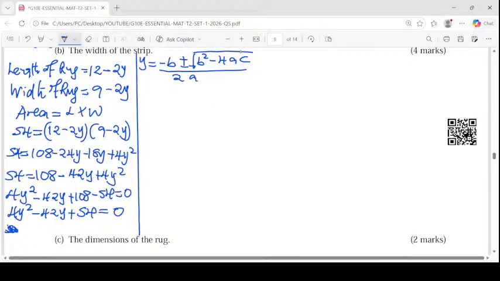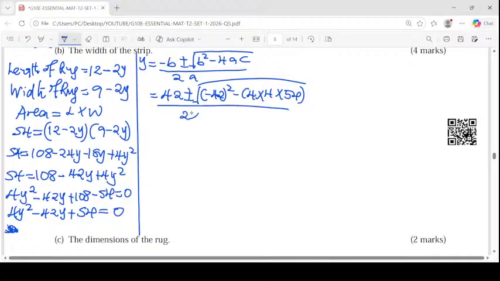So this becomes minus b, that is negative 42, which becomes positive 42, plus or minus the root of b squared, that is negative 42 squared, minus 4 times a, which is 4, times c, which is 54. Divide this by 2a, 2 times a, which is 4.